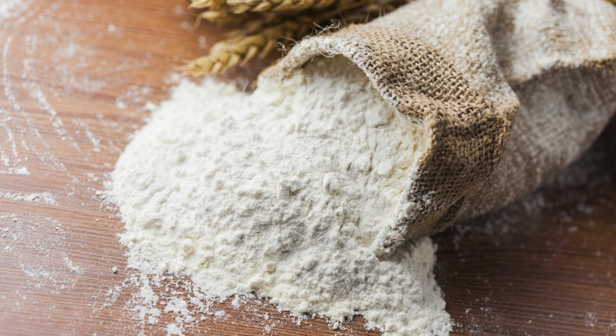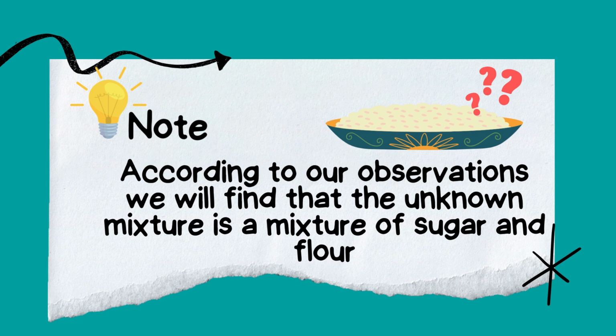So from these observations, we can identify the mixture, because according to our observations, the unknown is a mixture of sugar and flour, because it consists of large crystals, which is a property of sugar, and very fine particles, which is a property of flour.